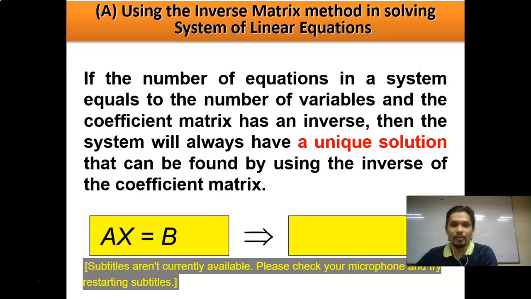Okay, to explain this long statement, we look at this one. Ax equal to B, then x equal to A inverse of B. We'll explain this on the next slide.